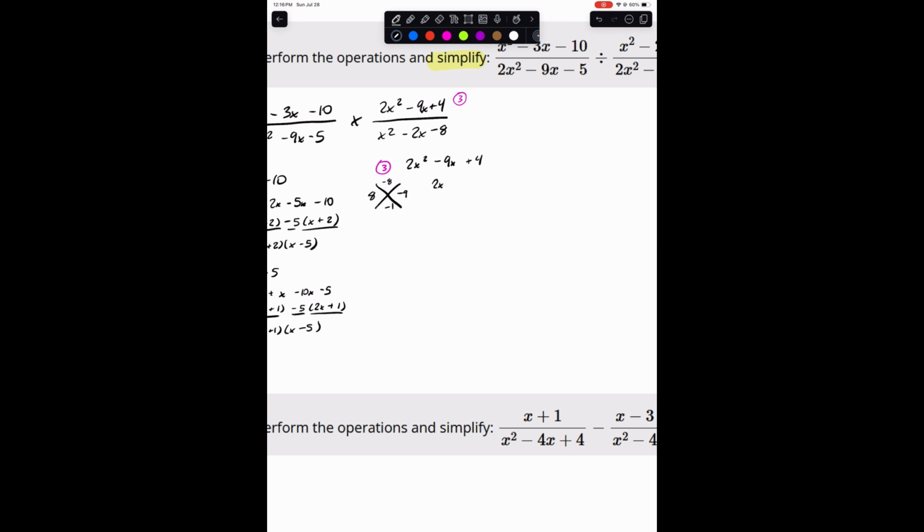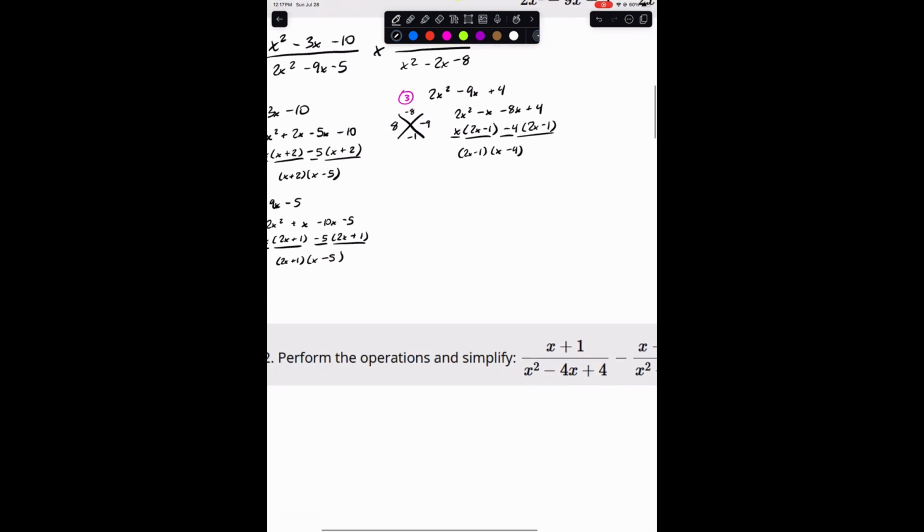We get 2x squared minus x minus 8x plus 4. When we take out an x from the left side, we're left with 2x minus 1. Take out negative 4 from the right side, we get 2x minus 1 remaining. Now, 2x minus 1 is our common factor, and then we add up the rest, x minus 4.